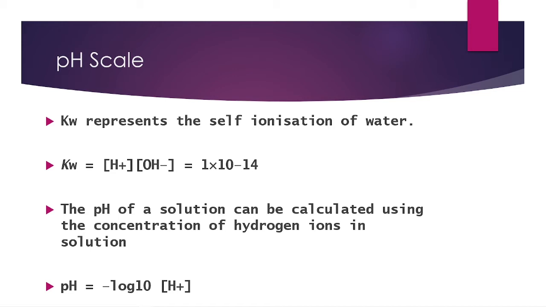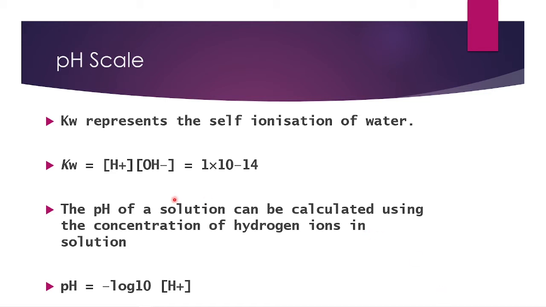So the concentration of that is going to be equal to 1 × 10⁻¹⁴, which is the water constant. So the self-ionization of water, that is the constant you'll get when you're multiplying the concentration of H+ by the concentration of OH-.